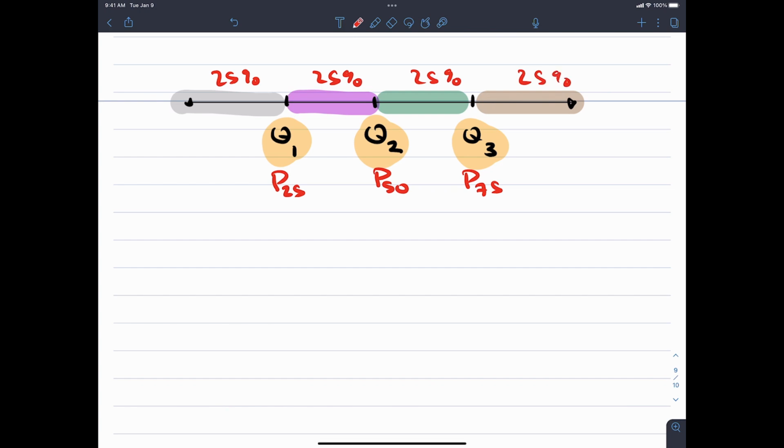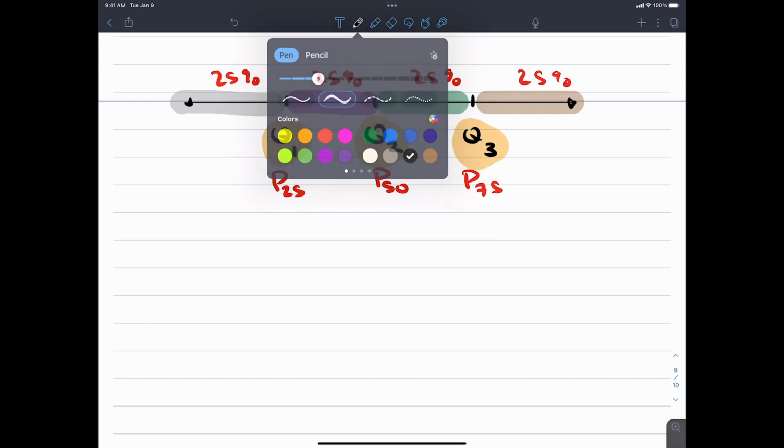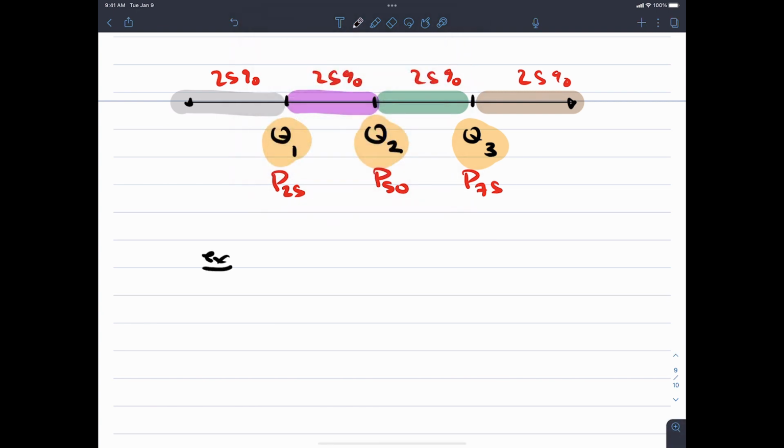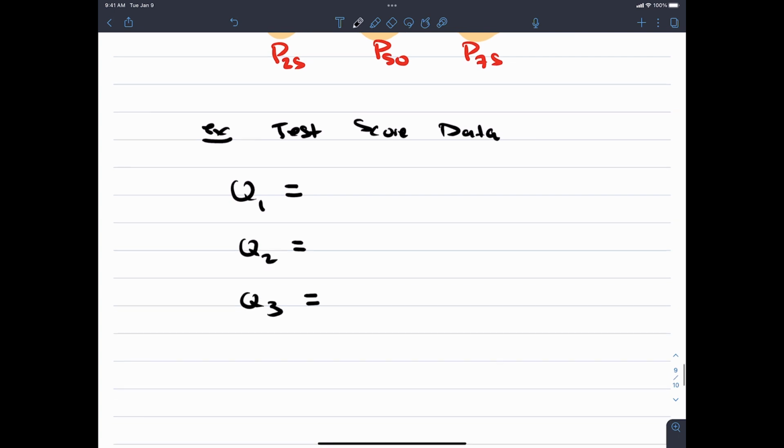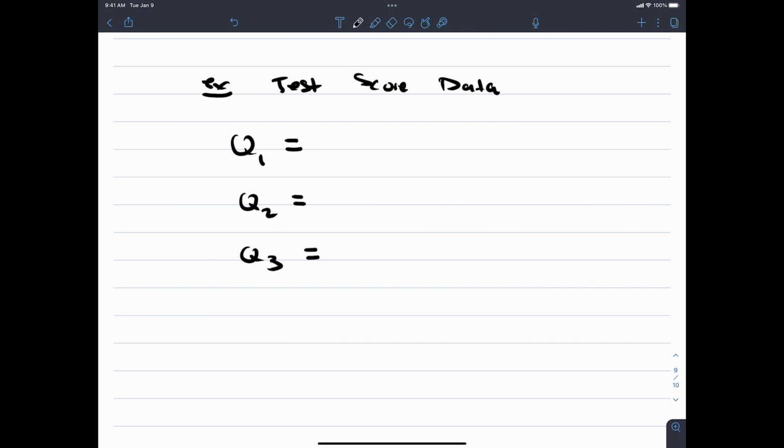This is what we mean by quarters, okay, using those definitions. So, for example, remember the test score data? All those examples we worked with? I claim you guys know all the quartile values. I make that claim. You guys know the quartile values.